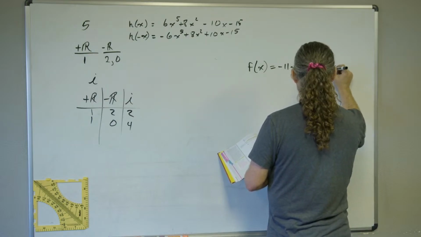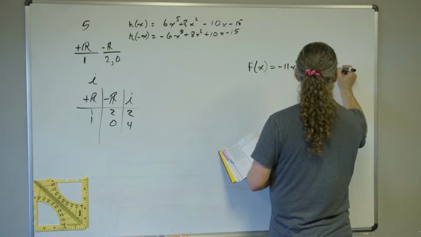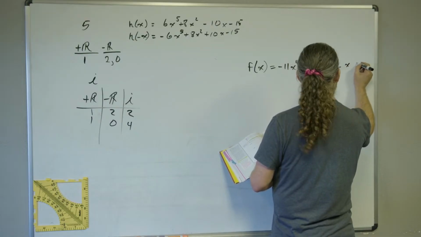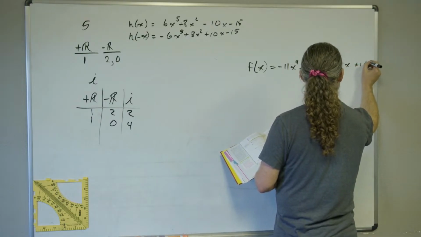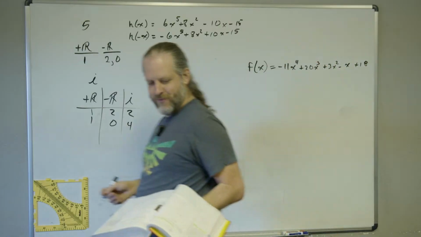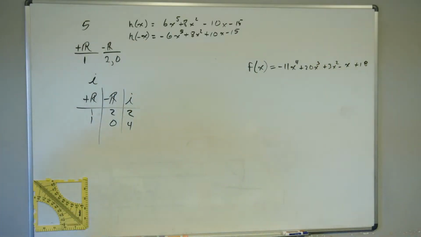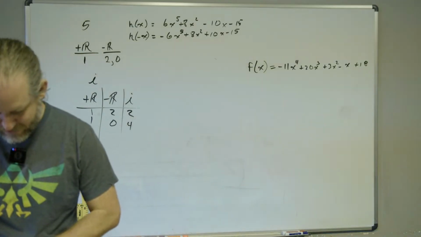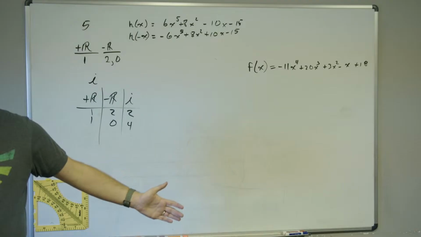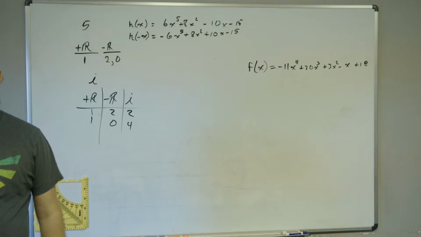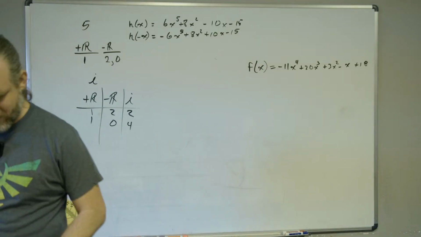x to the 4th, squared, minus x plus 18. They're weird. Okay, ready, go. So we're solving this? Your same thing. Describe the possible real zeros of each function.